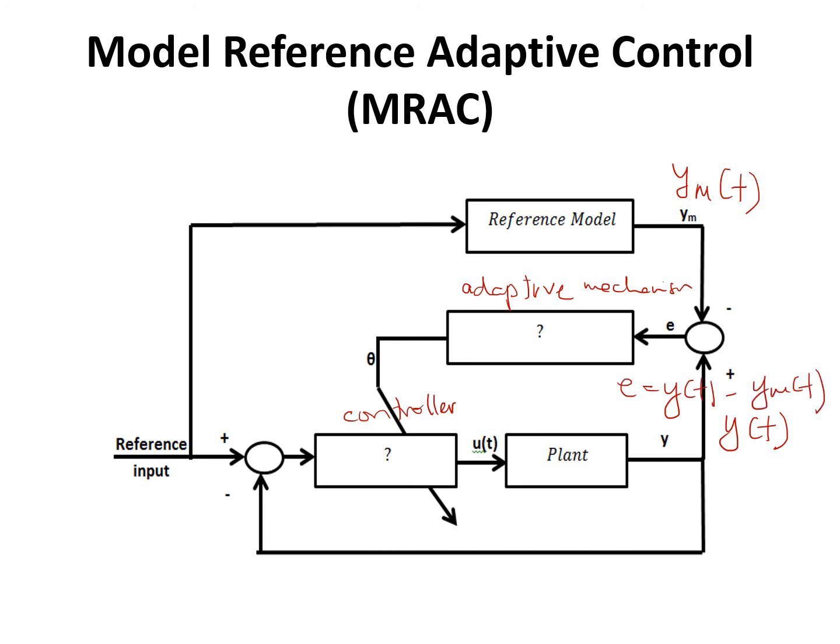Theta(t) is the output of the adaptive mechanism. u(t) is the control signal, the output of the controller, and it becomes the input for the plant. And the reference signal we note as r(t).